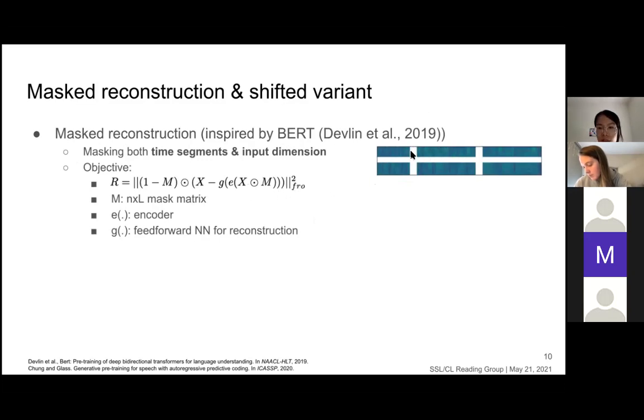For example, these white areas here represent the masked out inputs. And here is the objective. Basically you want to minimize the norm between the reconstructed inputs and the original inputs.